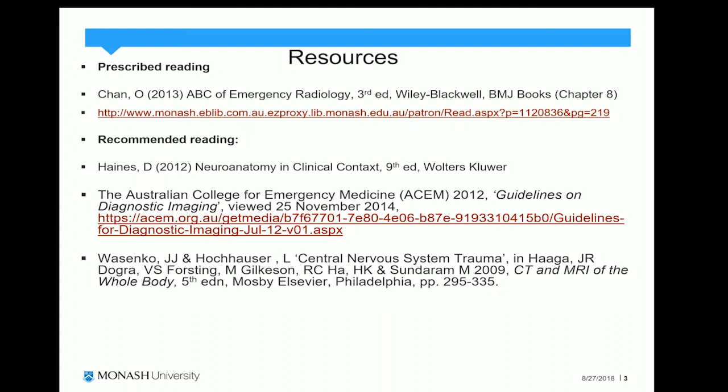And then the Australian College for Emergency Medicine has got guidelines on diagnostic imaging, so please go to this link, have a look at it, and especially if you look at the CT head trauma advice that they give. They also have a flow chart for patients presenting with trauma of the head to the emergency department.